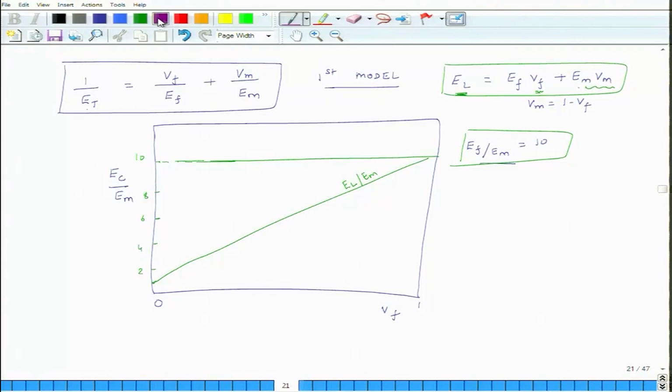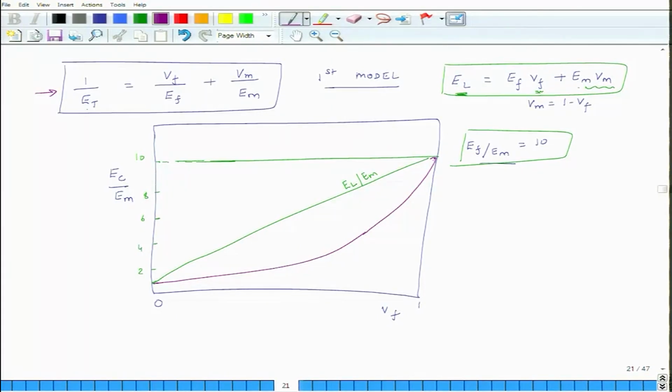Now, we use this relation to compute the behavior of ET over EM. If we do all the mathematics, the graph looks something like this. It starts and ends at the same location.